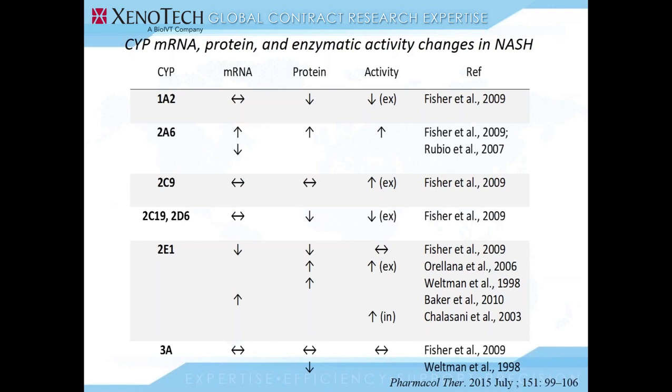A similar discrepancy can be observed in 2 studies referring to the effects of NASH on CYP2A6. Namely, an mRNA increase was reported by Fisher, while a decrease was found by Rubio.